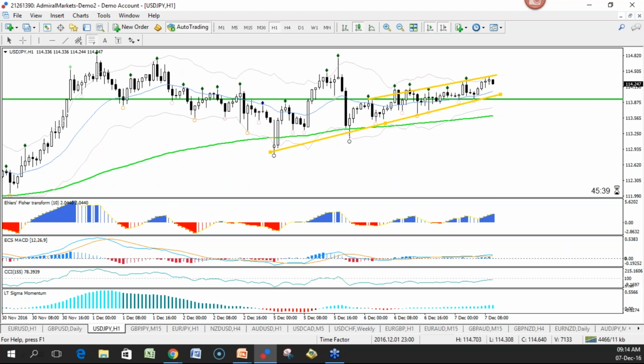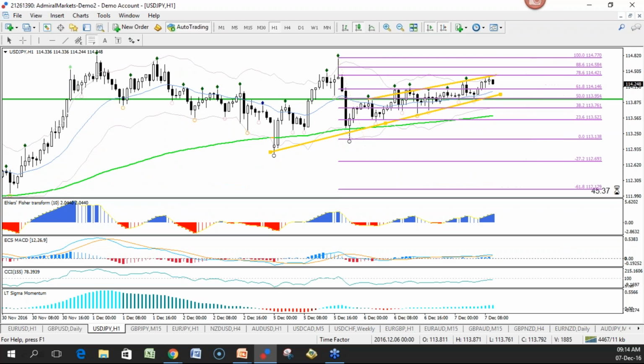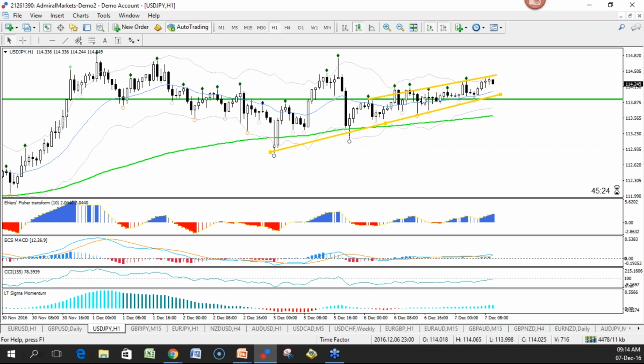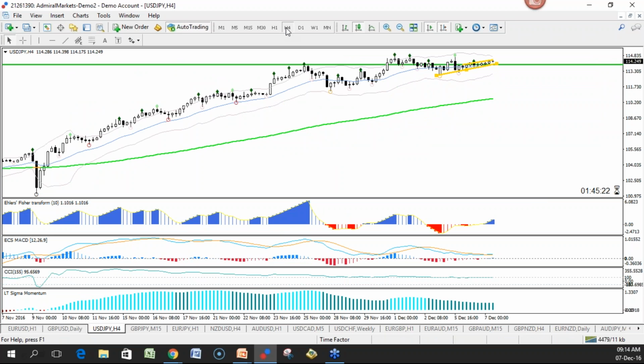In that case, I would put a fib on this swing high, swing low, and I could see price fall to the minus 272, minus 61.8 targets. 112.70, 112.50, 112.13. And it could do that because this is really starting to slow down a lot.